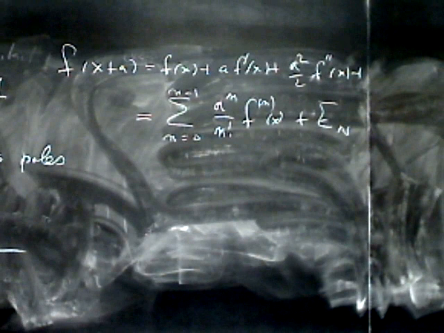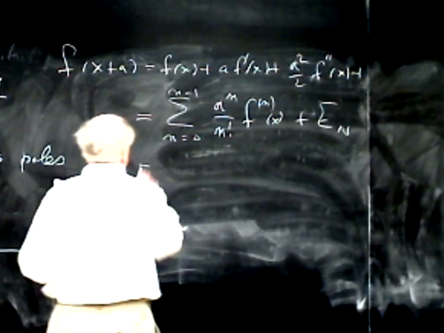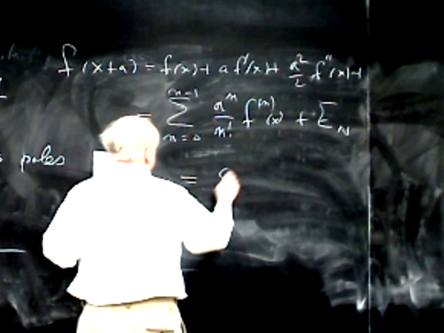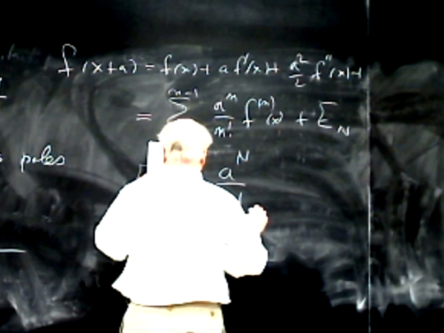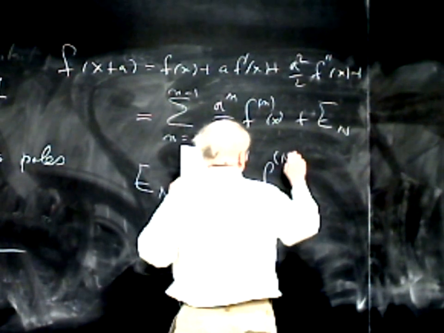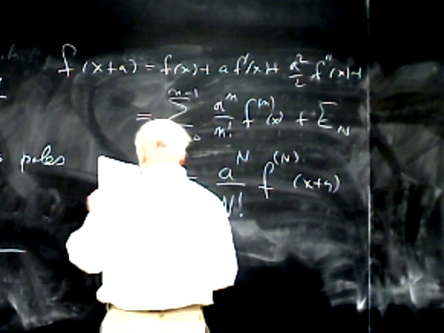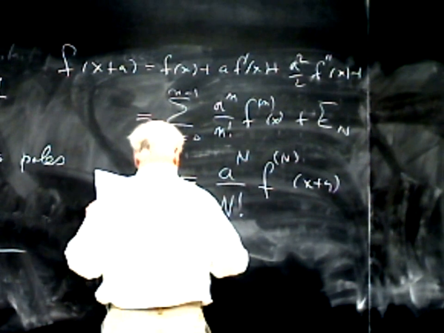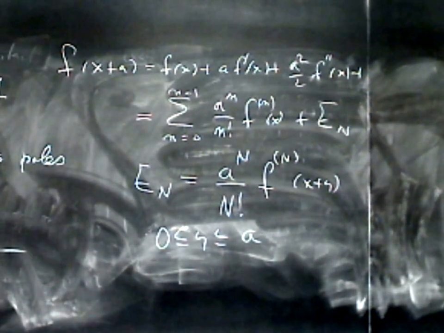E sub n is the error or the remainder, and one can show that e sub n is equal to a to the n over n factorial f^(n) evaluated at x plus y, where y is some number between 0 and a. So that gives you an estimate of what the error is in the Taylor series.